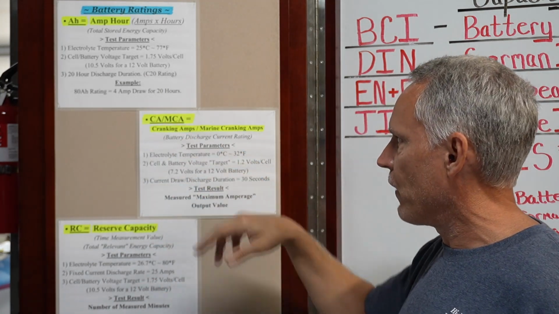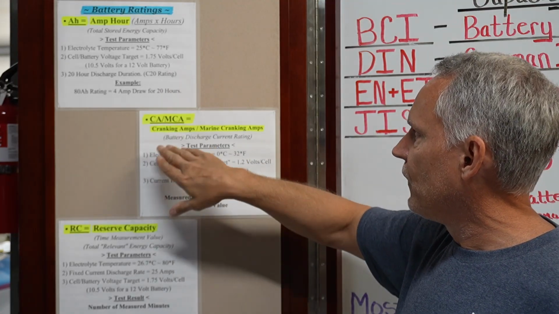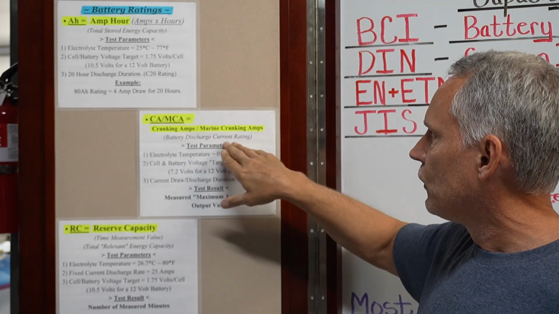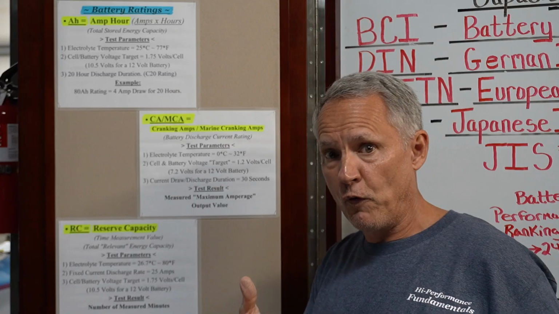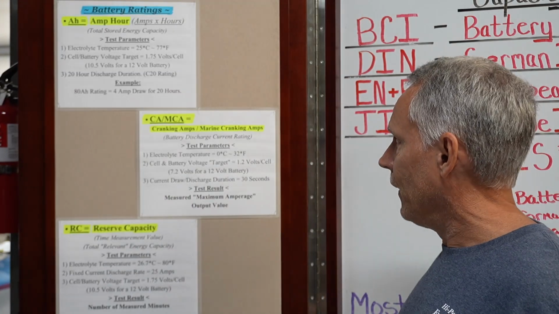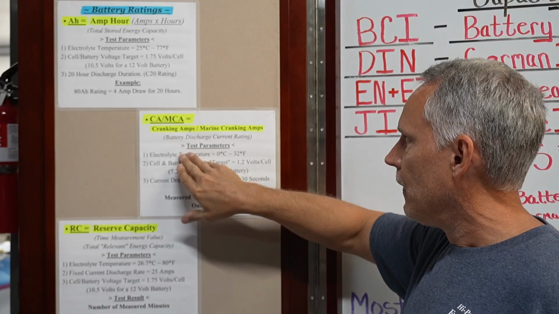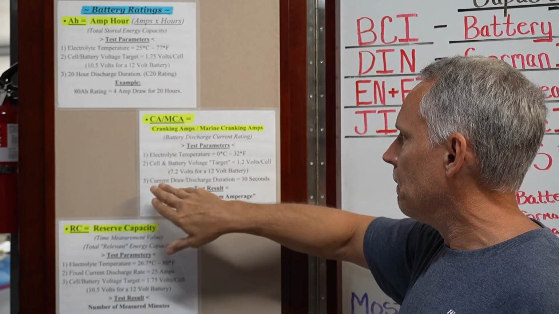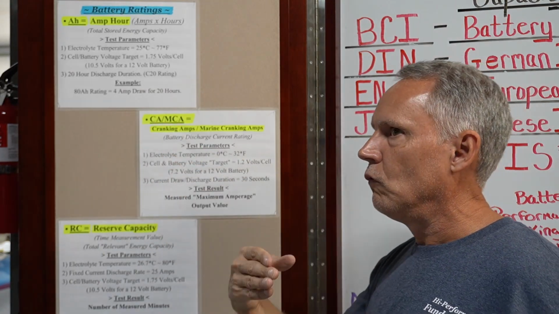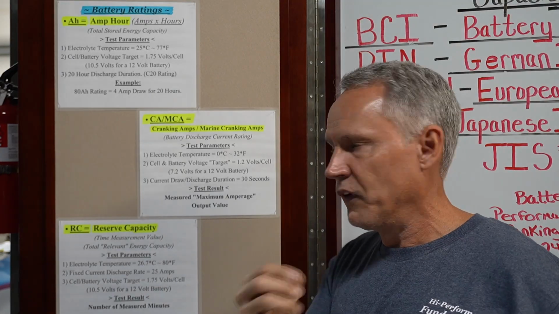They have the same test parameters, right? And this is a battery discharge current rating. So let me explain the test parameters, how you come up with this rating. So electrolyte temperature, because it's cold, it's cranking amps, right? But I'll explain this further in a second.